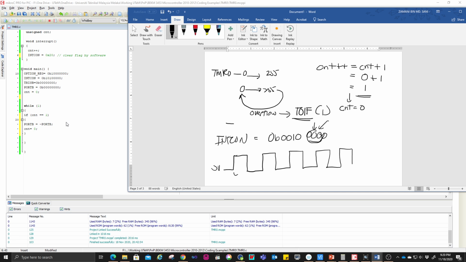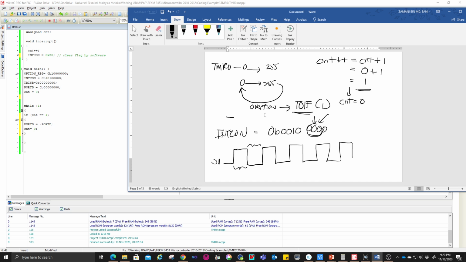So how much is this one? And how much is this one? That's the importance of the option register values. Okay, the formula is like this.